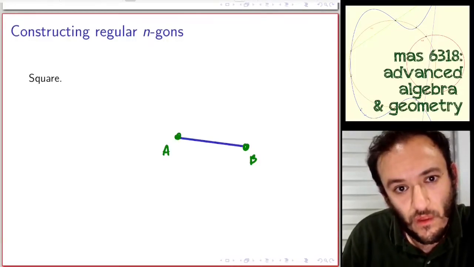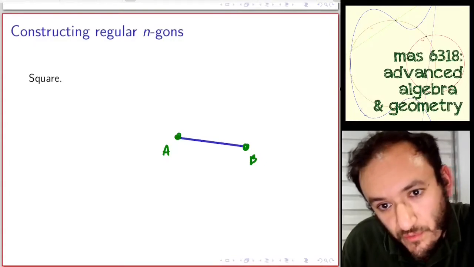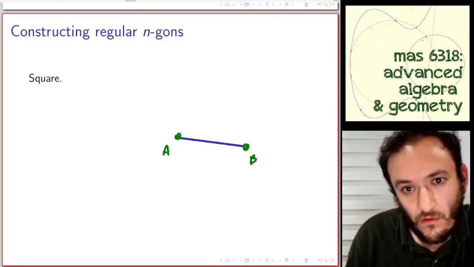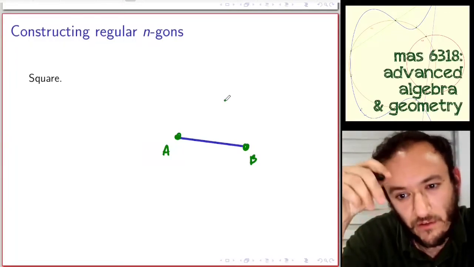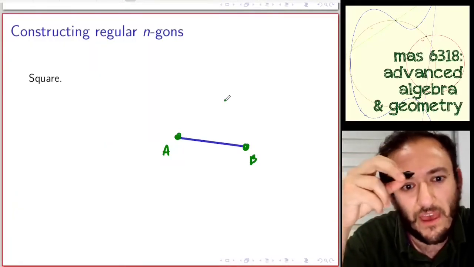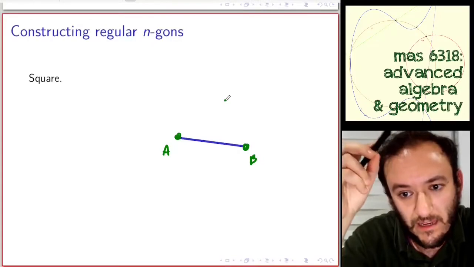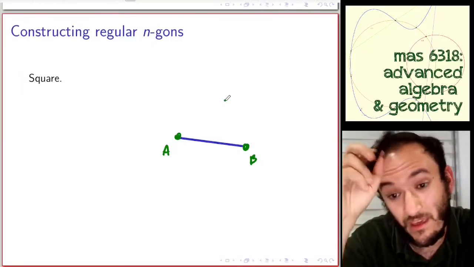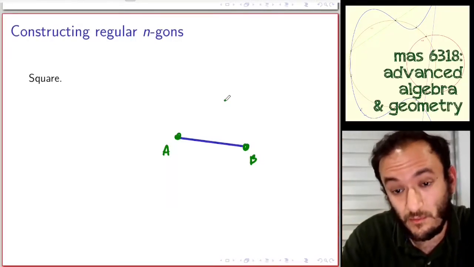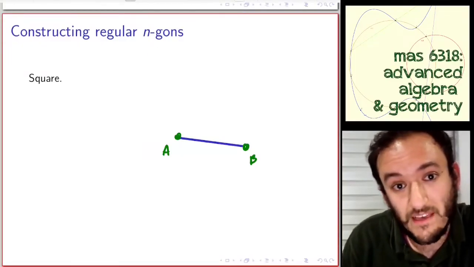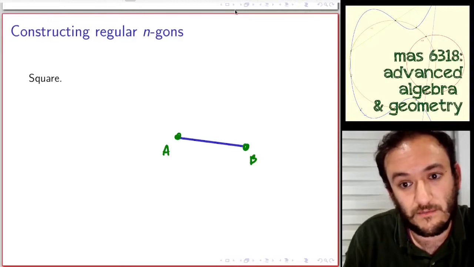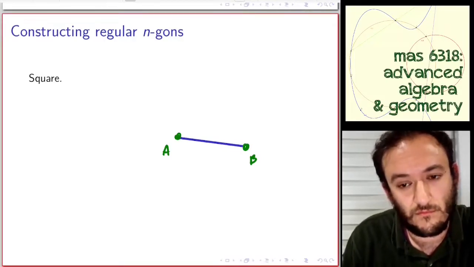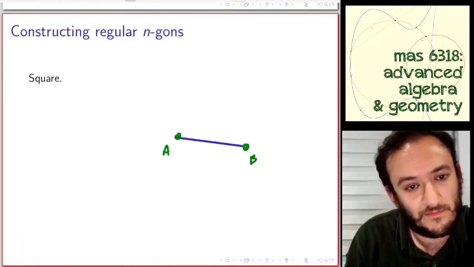So one thing we can do, since we know that the angles of a square are right angles, if we have a line which is perpendicular to AB and passes through A, and similarly another one that passes through B, that will get us most of the way there.